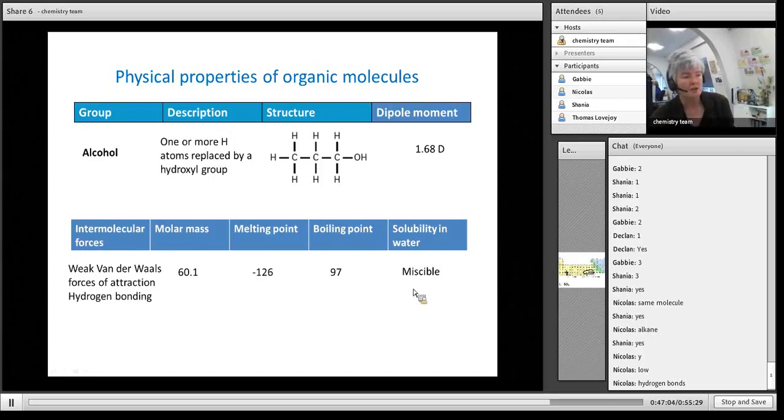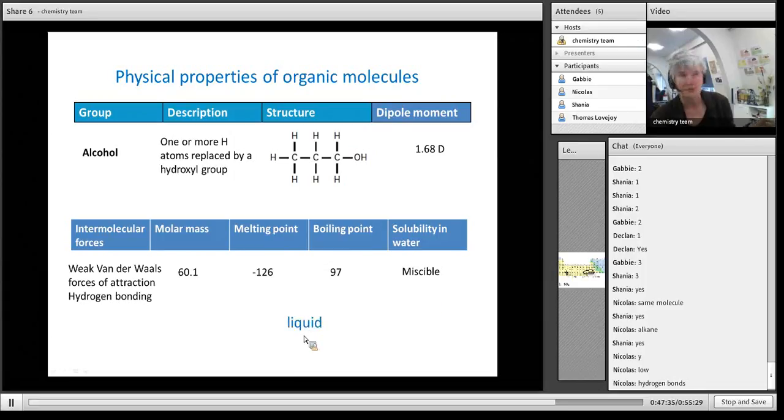And because it can form hydrogen bonds with water, it's going to dissolve, because we're making hydrogen bonds when we add propanol to water, and we're breaking hydrogen bonds between the propanol and between the water molecules, so it's similar energies. So miscible just simply means it can mix in all proportions, so it's completely soluble, and it's a liquid.